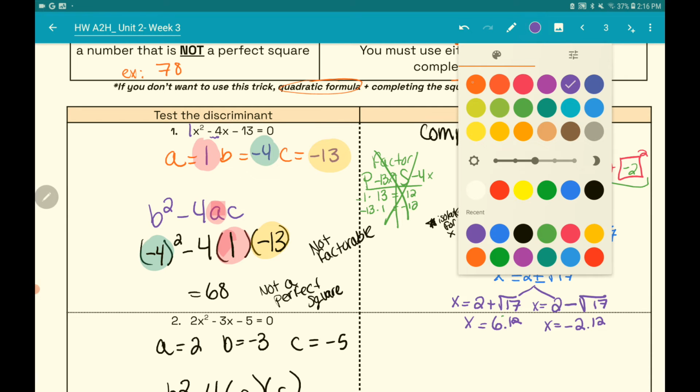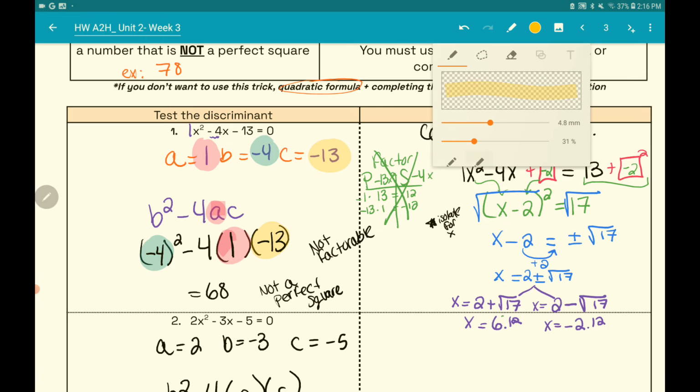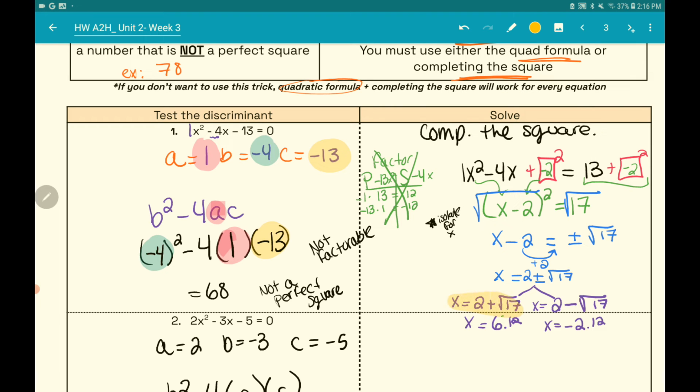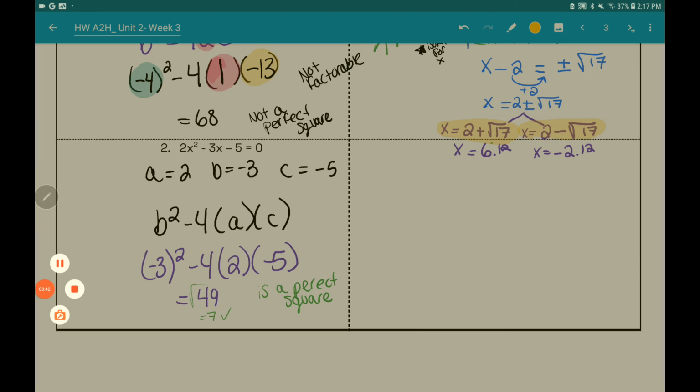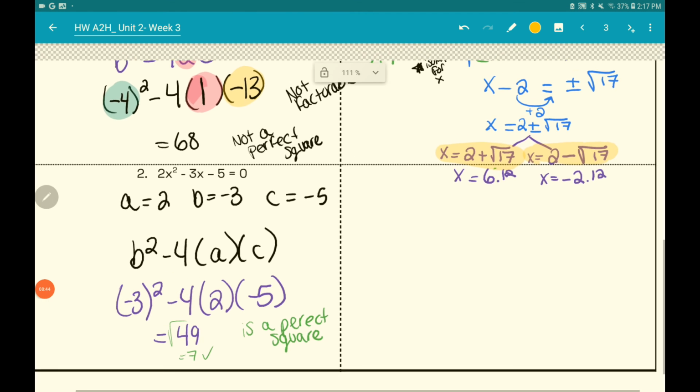But you don't even have to do that. You can just leave it as this, which is probably, honestly, how you'll see it in multiple choice assessments. So just make sure you know either way. All right, so those are my two roots. That's where it crosses the x-axis. All right, let's see. I have another minute to go.